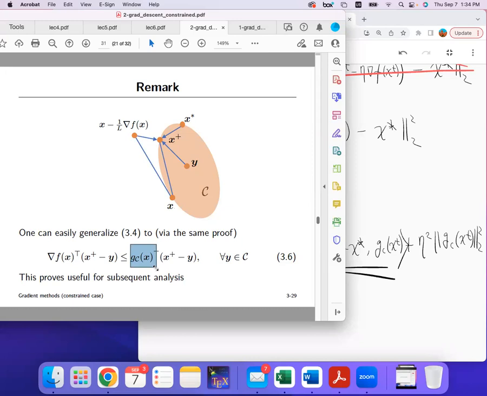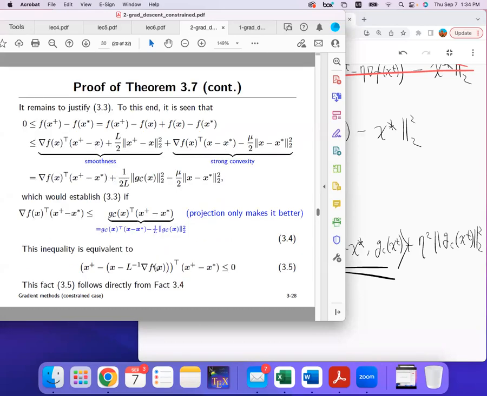Let's skip this part here. This is a result that is very useful, and we will use it several times in the subsequent analysis. But the proof is not that simple. So with this tool, we can easily get this result.